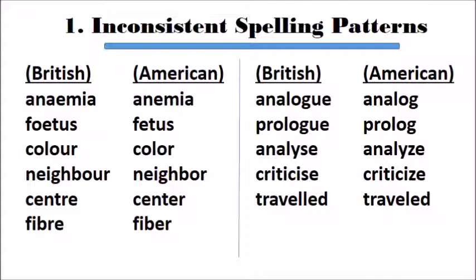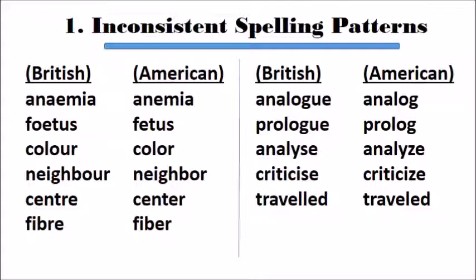It is possible in a British word to have a spelling occurrence of A and E, but the American system might remove the A and maintain only the E. It is also possible to have O and E in British, but the American system would delete the O and maintain the E.